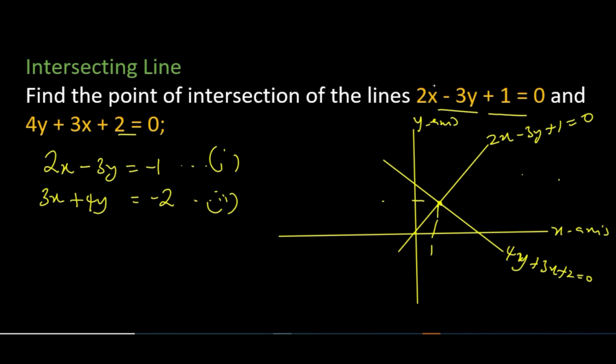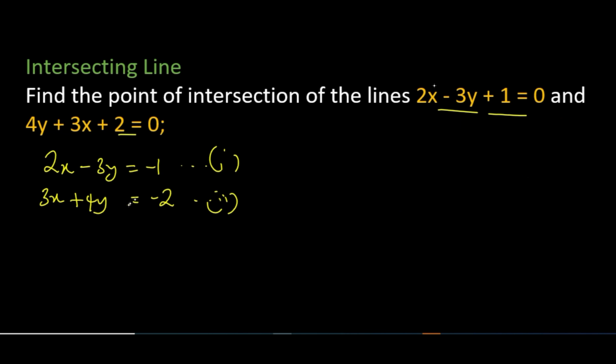We trace this one to the x-axis, that's the x we are looking for, and the y, we trace that also to the y-axis. That's an illustration of that. Suppose we want to use the graphical method. But in this case, we are going to solve it by the elimination method, and we are going to get the same answer.